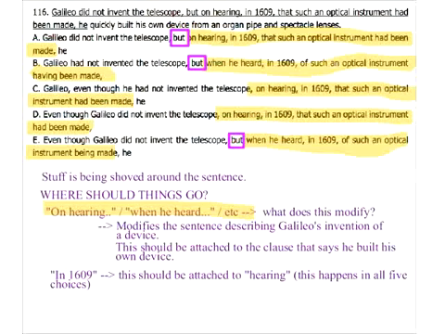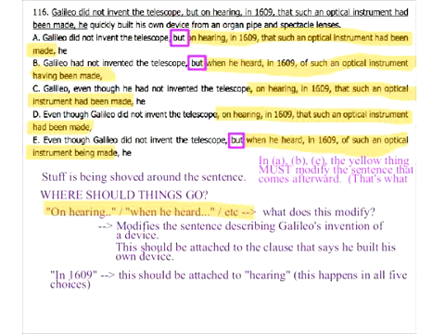Modifiers can't modify across things like "and" and "but." So in A, B, and E, the yellow thing must modify the sentence that comes afterward, because the "but" is blocking it from modifying anything else. And that's what we want it to do.